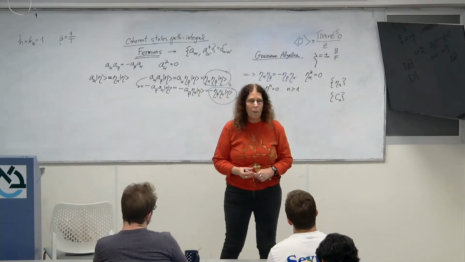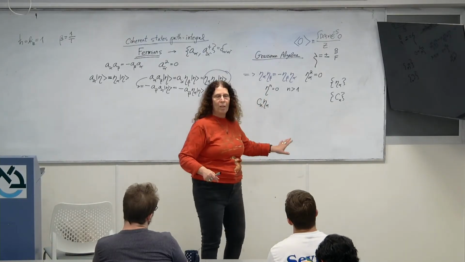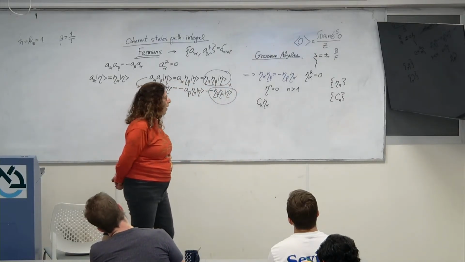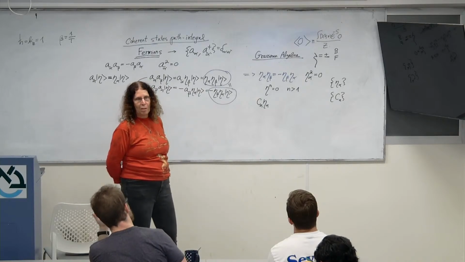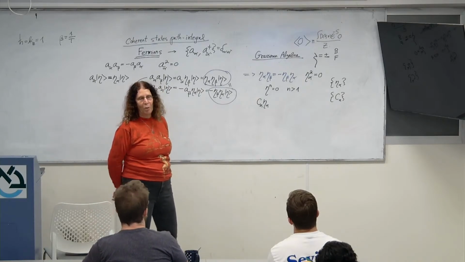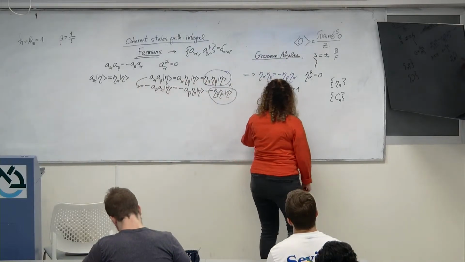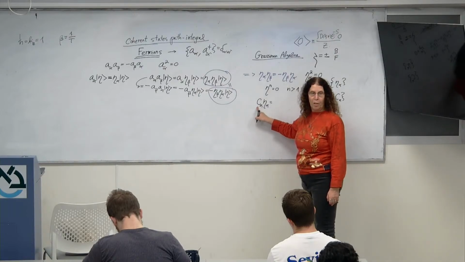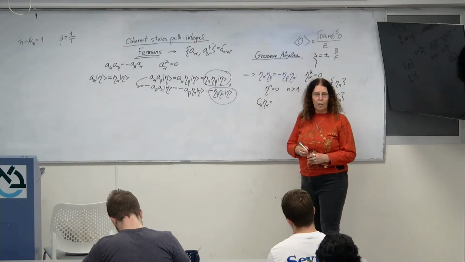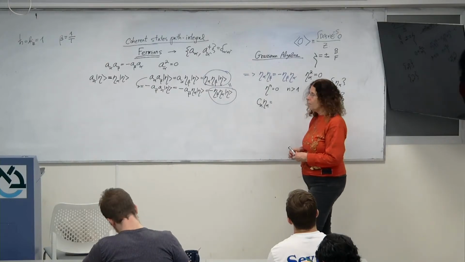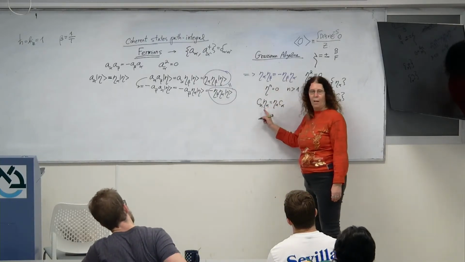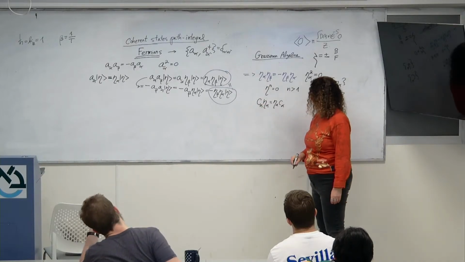Yes? C is an operator? No, it's not. No operators. It's a complex number. Eta is also not an operator. I should stress it, it's a Grassmann variable. It's not a regular number. So c alpha is, actually, because c is a regular complex number, which commutes with anything else, c alpha and eta alpha commute with each other.